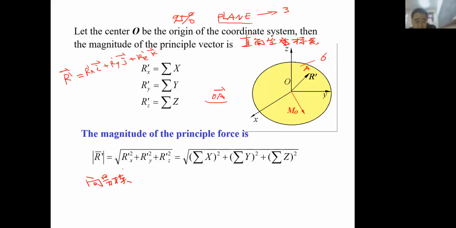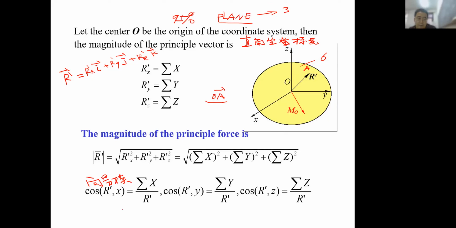We just need to use this calculation method: the sum of the three components squared. So actually it is mathematical.